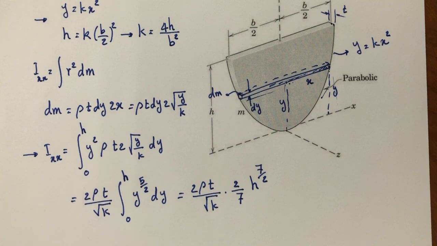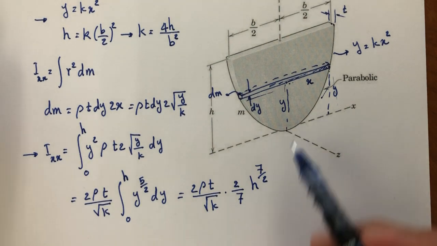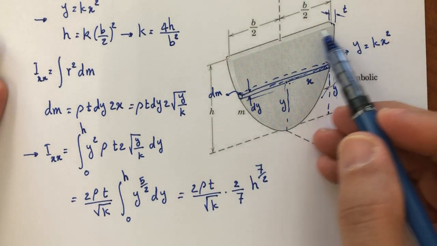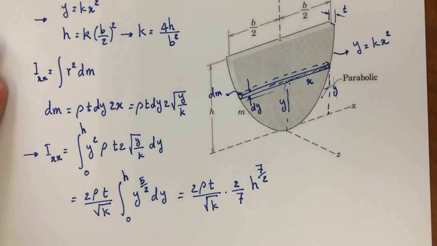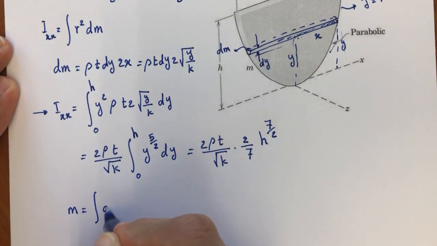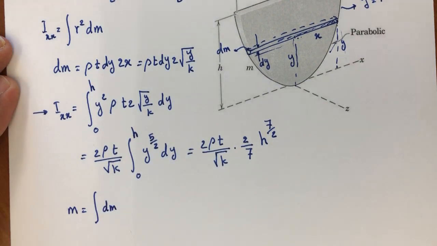But as always, we want to have this I in terms of the mass. We need to find the total mass in terms of rho, thickness, and also b and h. If we do that, we can actually find I in terms of mass. So what is mass? M is equal to the integral of dm, right?